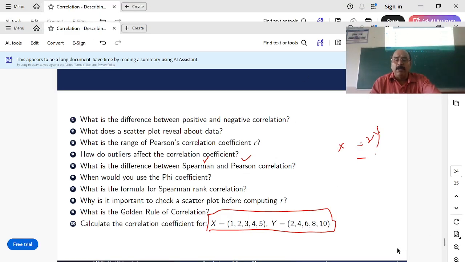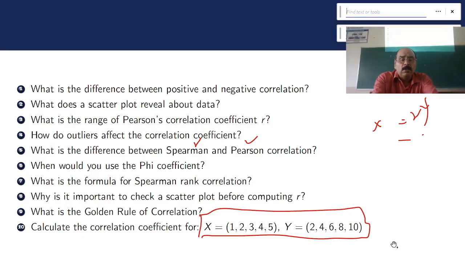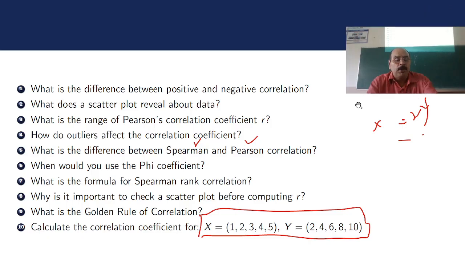And one important question I believe I've missed is: what is the major drawback of Pearson's correlation coefficient? This is a discussion time.